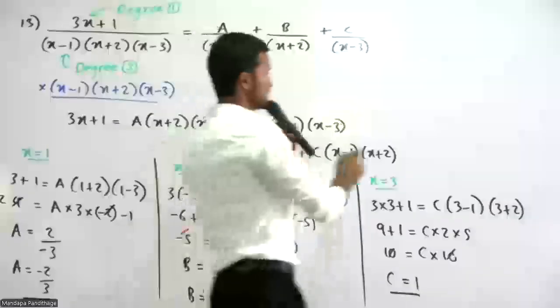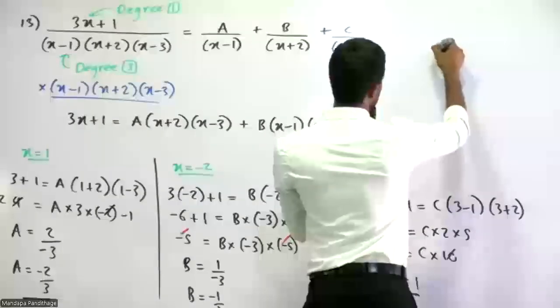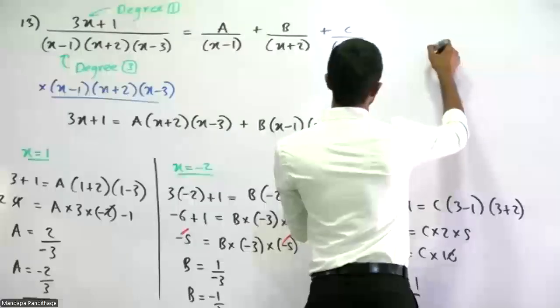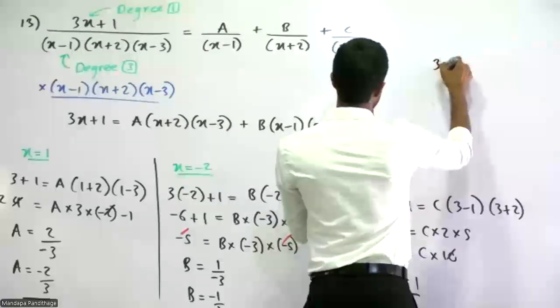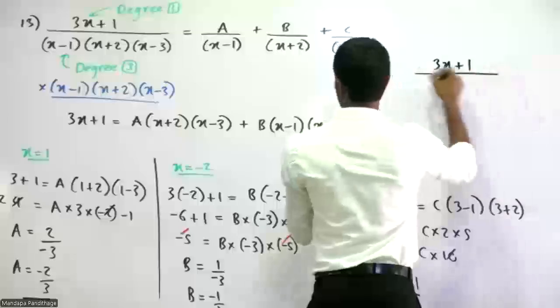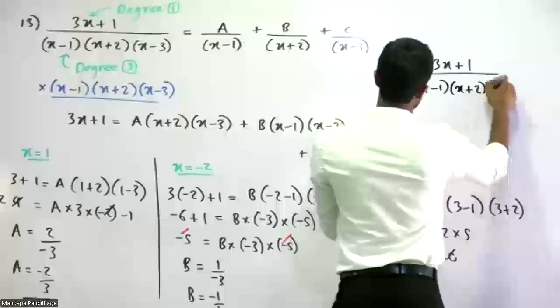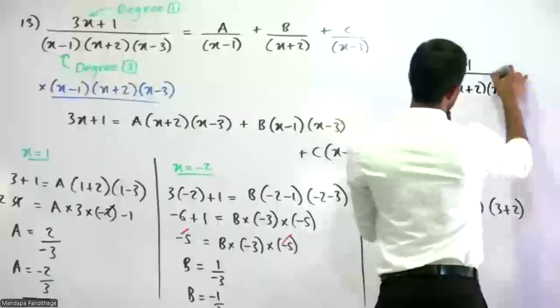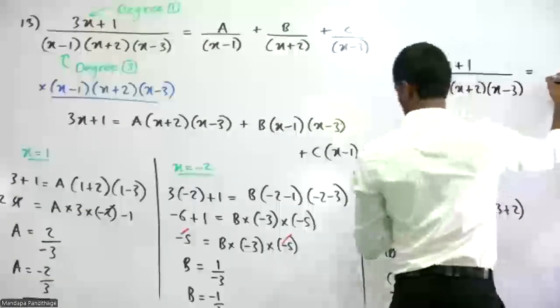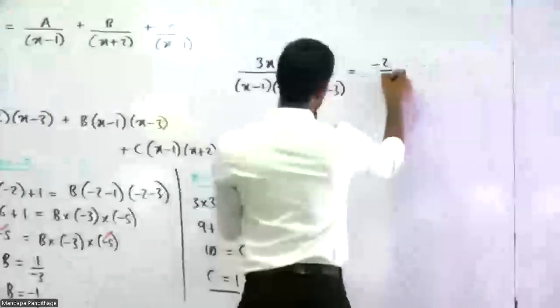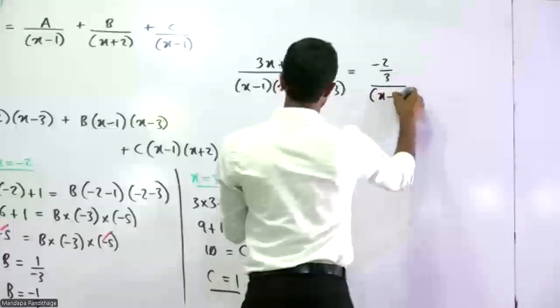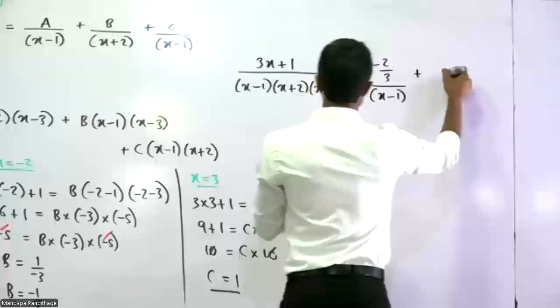The final answer is 3x plus 1 divided by (x minus 1)(x plus 2)(x minus 3). It's equal to A. What is A? Minus 2 over 3, times x minus 1. We can write the final answer when 3 comes down. What is B?